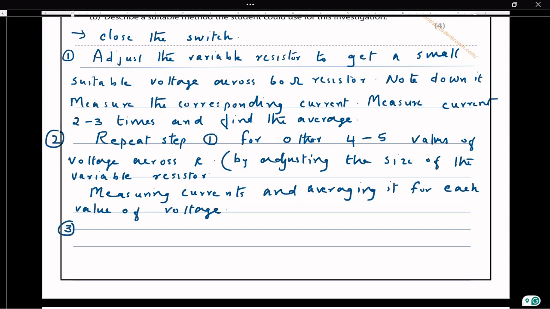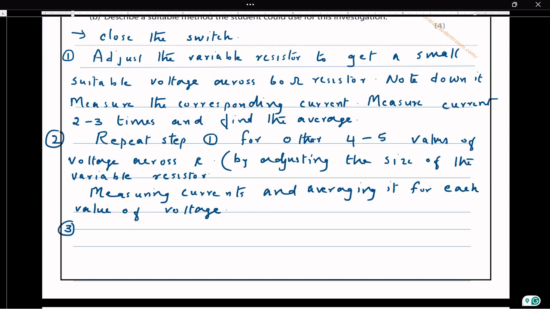Now as step 3, since they are not talking about a graph here, we are not writing that. If they mention drawing a graph, you can say plot a graph of I versus V. But in these types of investigation questions, you must include one safety precaution.